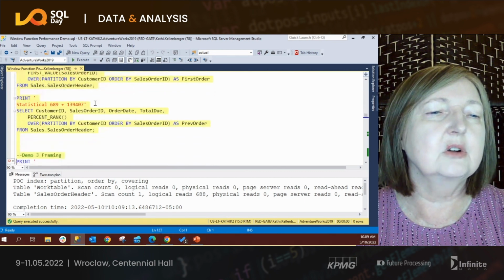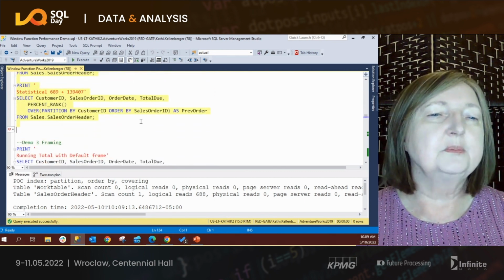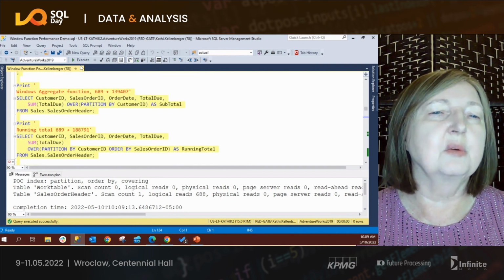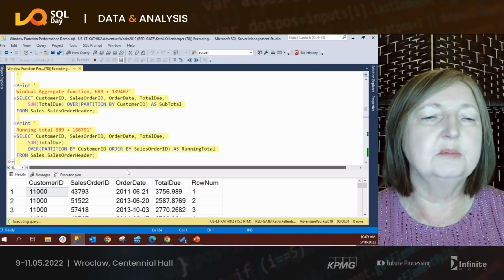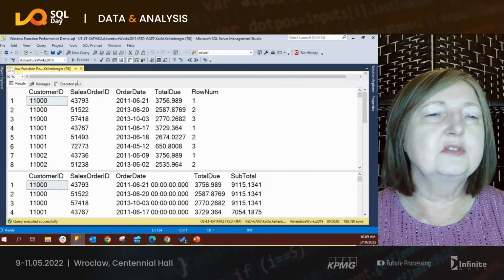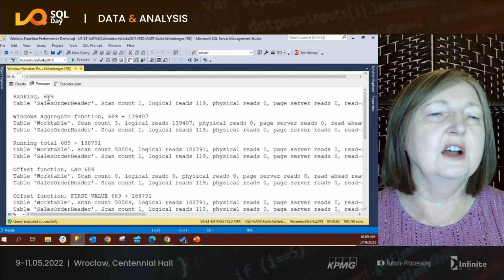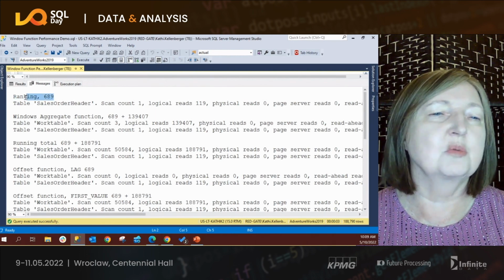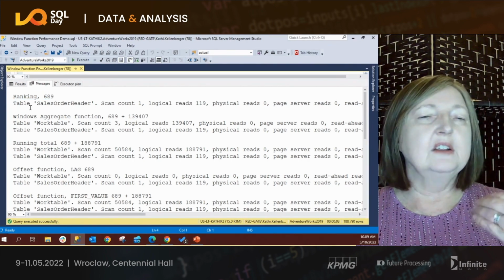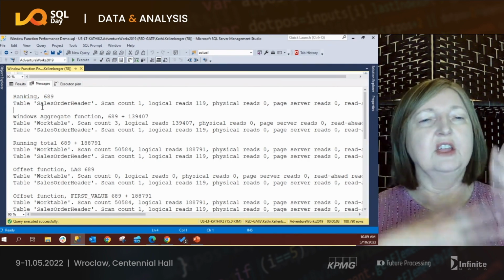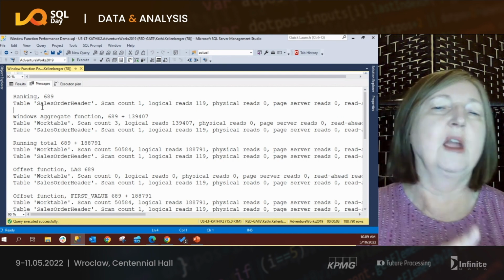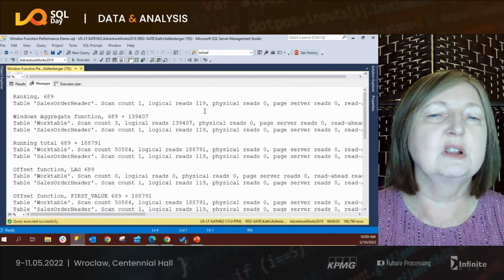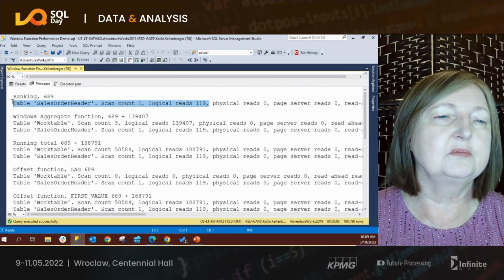And just by adding that, let's see what's happened to our set of queries. Actually, I'll just show you that in the messages. If we look at the messages, I've got the previous count, the previous logical reads, okay? By adding that POC index and getting that data lined up the way that I need it for the window function, I was able to eliminate that work table.